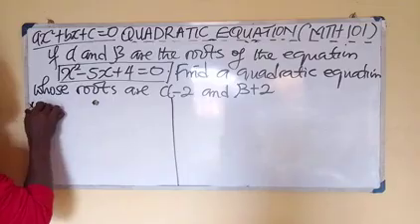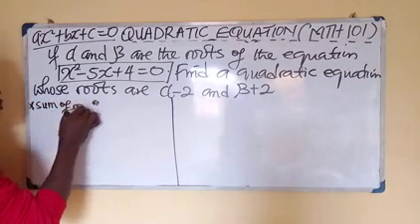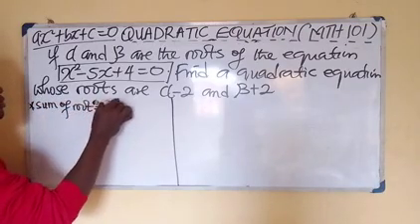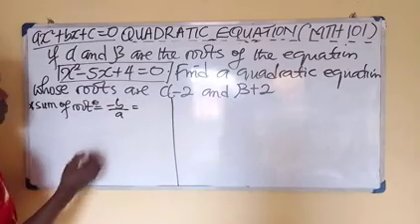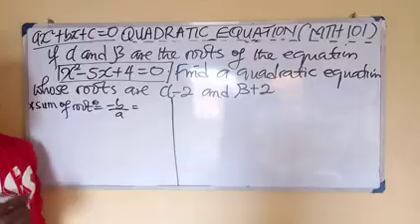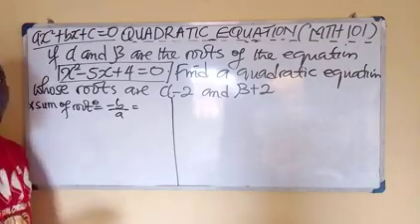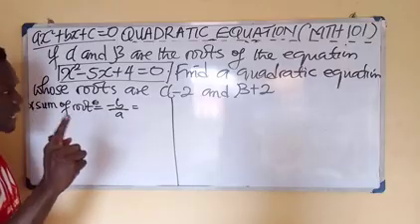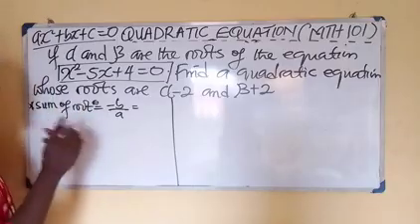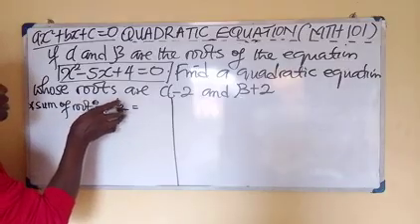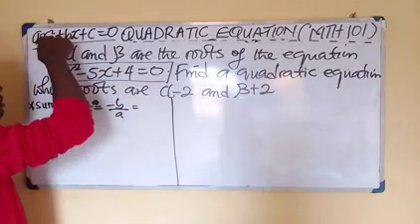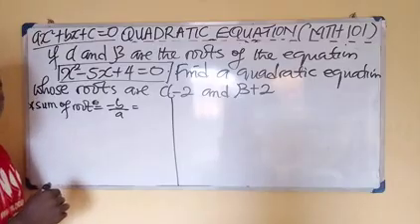So we are going to be looking at two instances. One, the sum of roots. The sum of roots is simply minus b over a. Now, if that has been established, we compare this equation with the quadratic expression.